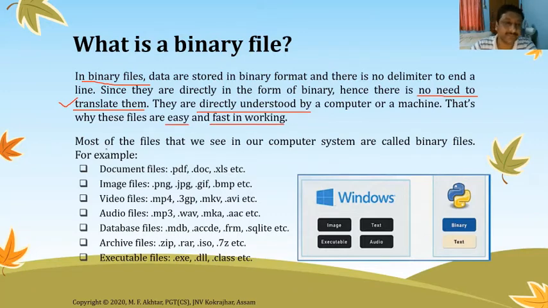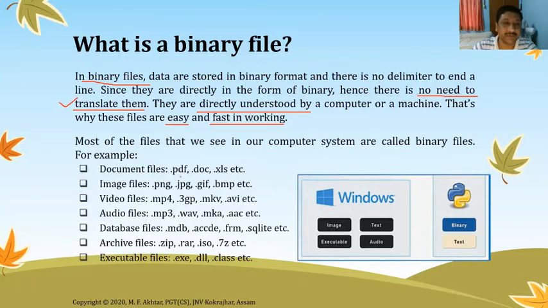Most of the files that we see in our computer system are binary files. Almost every software, when we save any information or data, saves that file in binary form. Generally, many computer software programs use binary files to save their data.